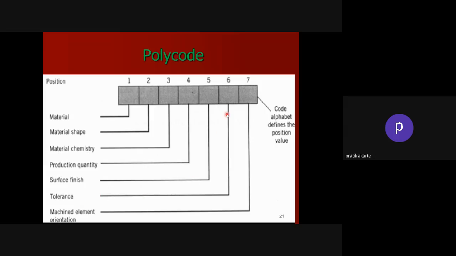Tolerances are given the position 6, and in the seventh position we have machine element orientation. As I said earlier and as mentioned in the previous slide, each position is assigned and each position defines some attribute.